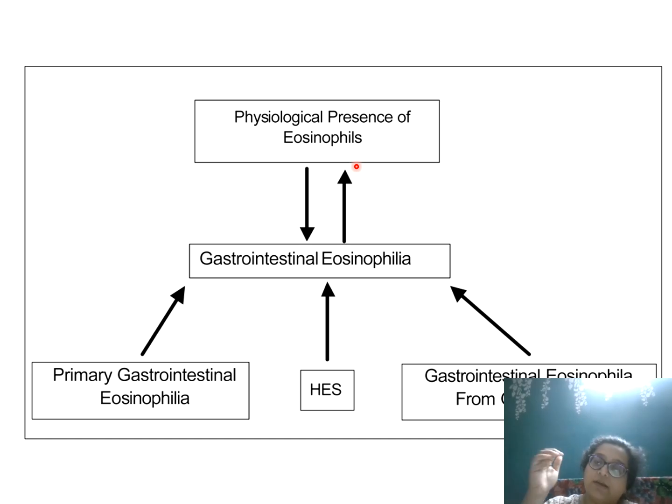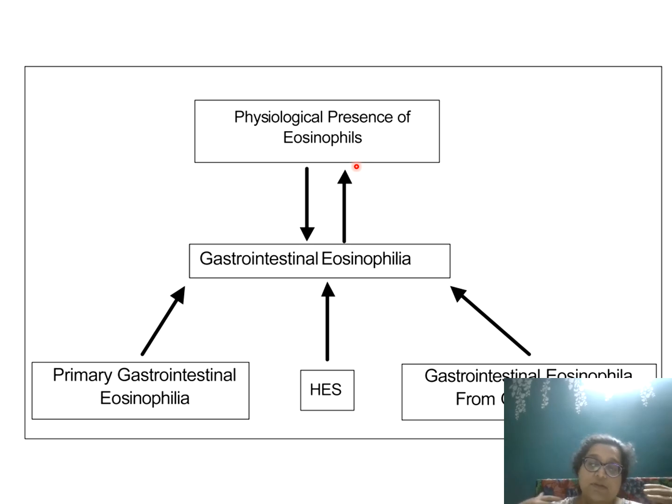It is normal there because when we are consuming food or something like that, your gut mucosa stays inflamed because there is mild inflammation. There may be mild reactions to the foreign substance that you are consuming in your body. Fine, but as long as it is controlled, as long as it is mild, you'll have some eosinophils naturally in that area.